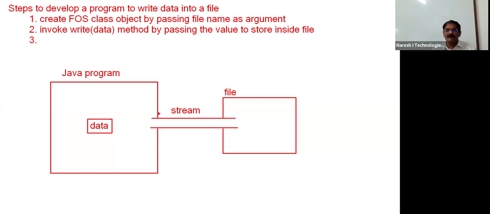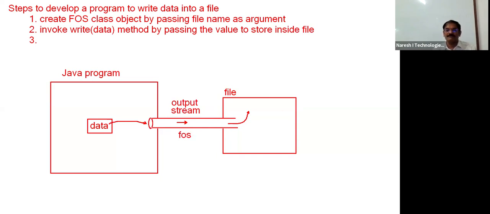Now this is a stream. Which stream is it? Input stream or output stream? Output stream. Output stream means it is taking the data from the variable, sending through it, and storing inside the file. Which output stream is this? FOS, file output stream.